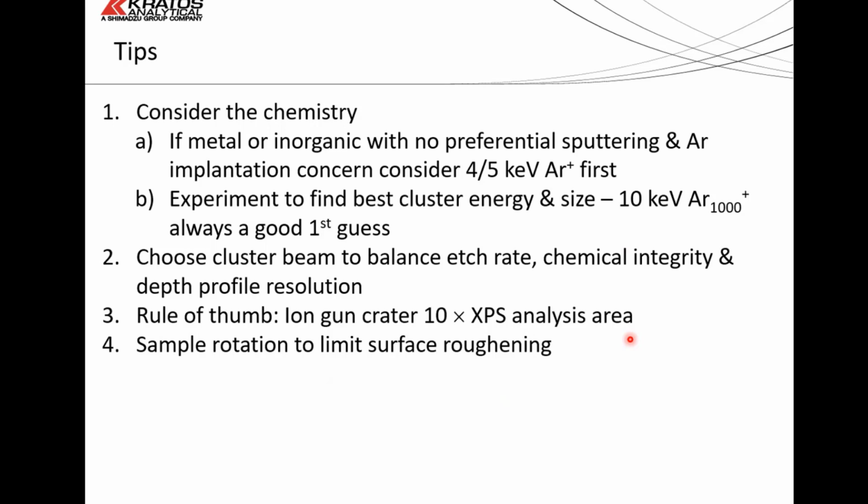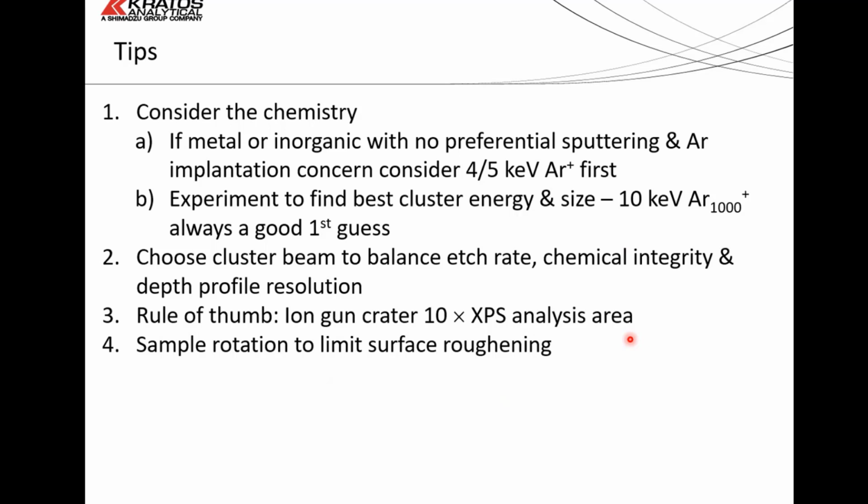Okay, rule of thumb, go for an ion gun crater size of like 10 times your XPS analysis area. So if you're using, say, on our instrument, a 110 micron aperture, go for a minimum crater size of like 1.2 millimeters by 1.2 millimeters. So that's to make sure you're always sampling in the middle, the flat bit of the crater.